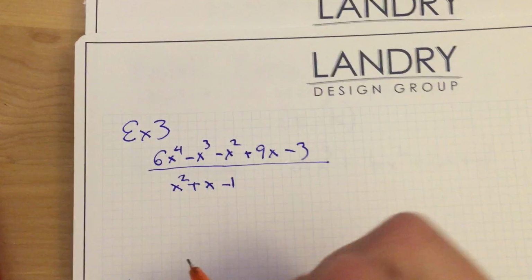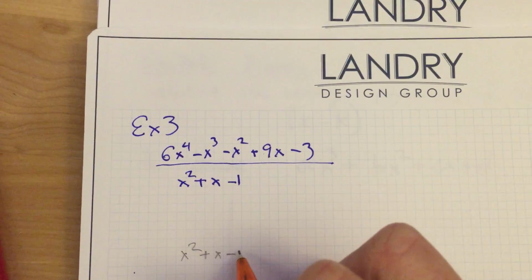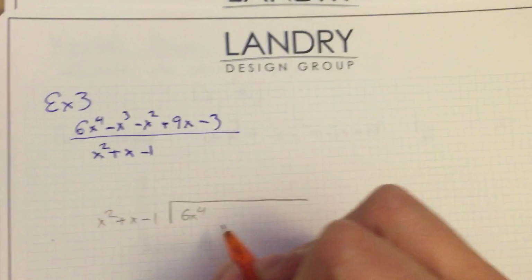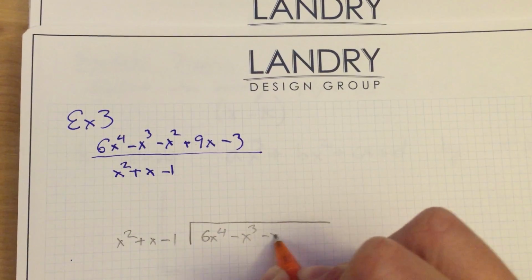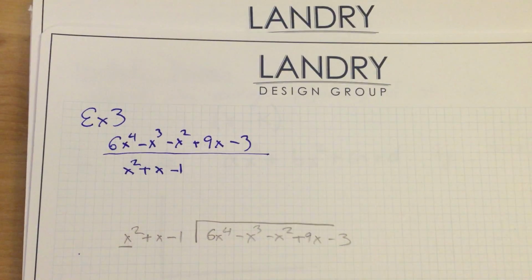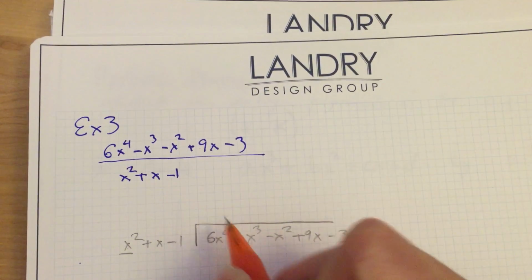All right, so you should have set the problem up like this. So minus 1, 6x to the power 4, minus x cubed minus x squared, plus 9x minus 3. And again, I'm going to focus on that x squared. So what do I have to multiply that to get to 6?